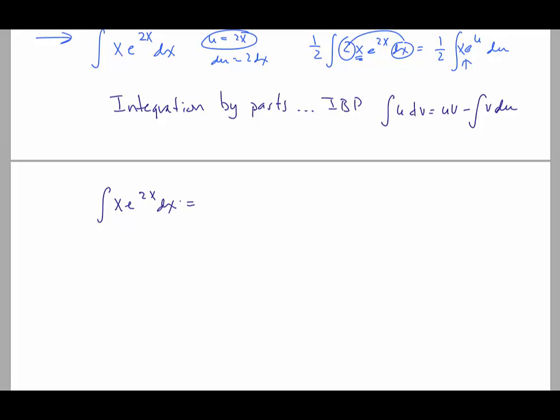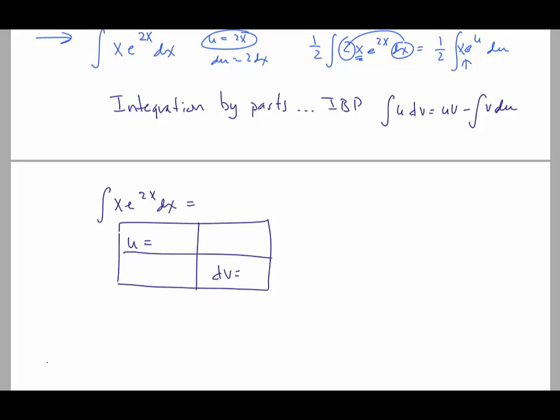Okay, so now we're going to choose a u and we're going to choose a dv. Now I have them written in this order specifically. So the u is up higher, the dv is down lower, if you think about this in a grid, because I'm going to take the derivative down and then I'm going to integrate up. Okay, so there's a specific reason for this.